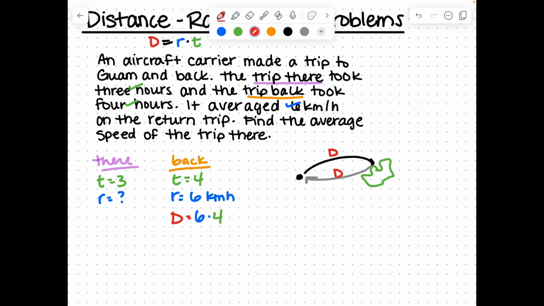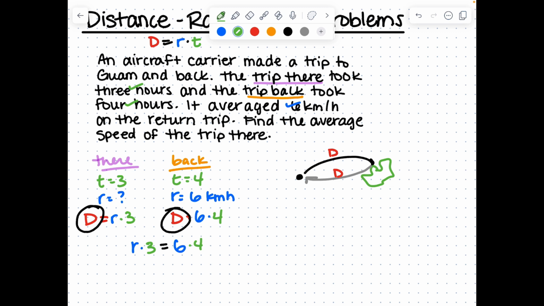So with our distance being rate times time, over on our there side, distance would be r, we don't know what this is yet, times 3. But since those d's are the exact same distance, we can say that r times 3 equals the 6 times 4.